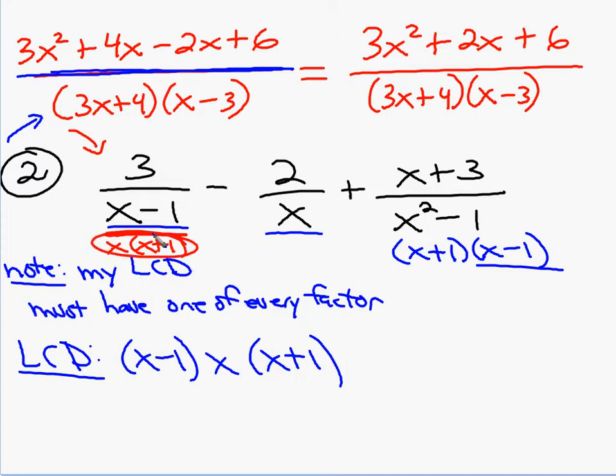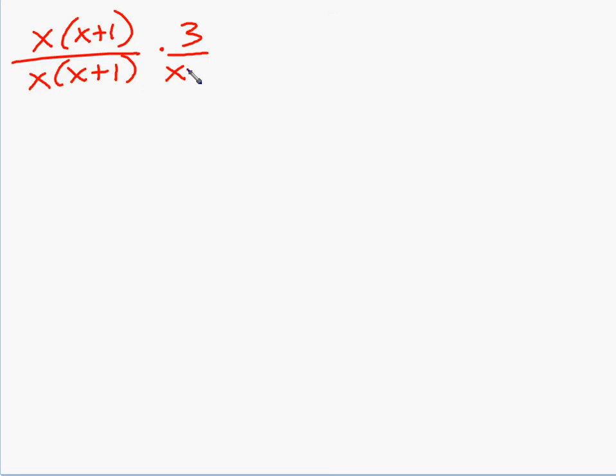So we're going to have x times x plus 1 over x times x plus 1, and that's going to be multiplied by that first fraction, 3 over x minus 1. Because those are the 2 factors it's missing.